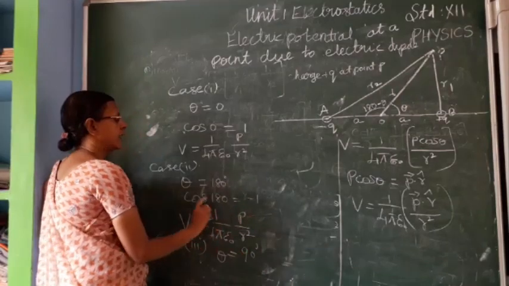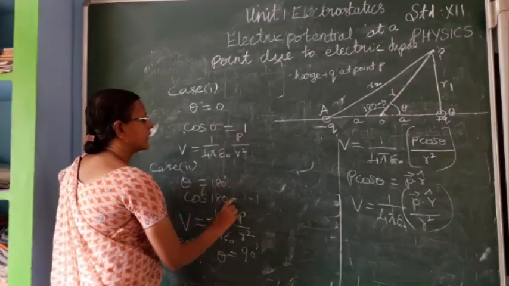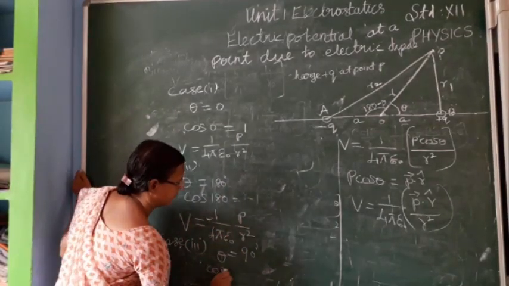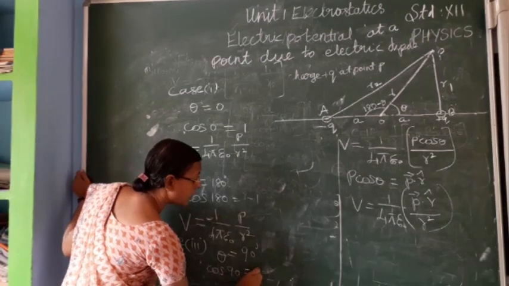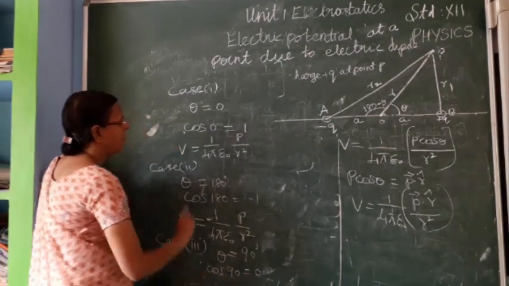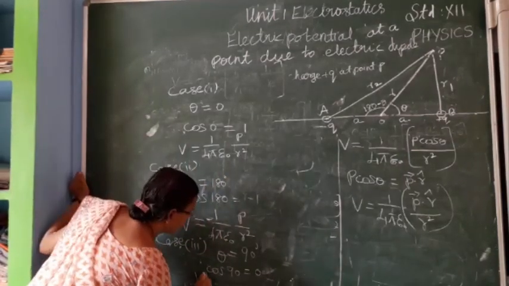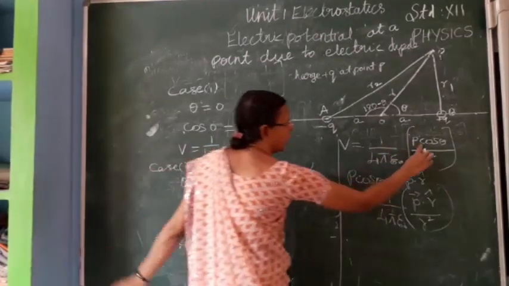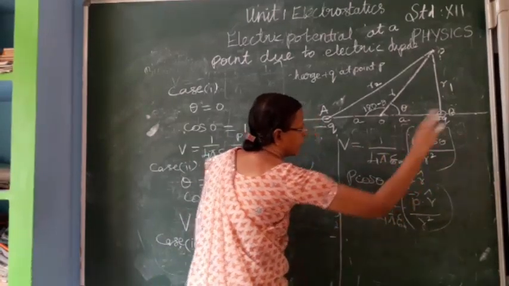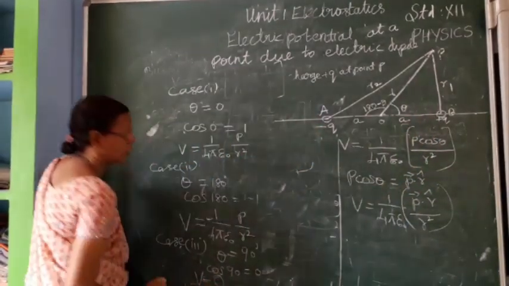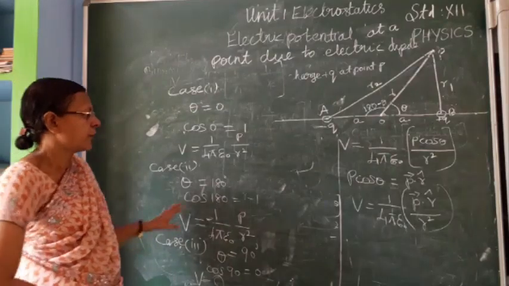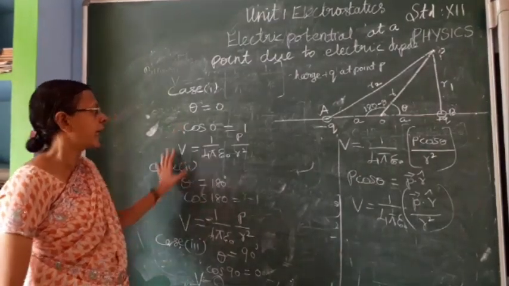If theta is 90 degrees, cos 90 is equal to 0. Then all the terms become 0, 0 by r square is 0, everything is 0. So V is equal to 0. The electric potential is 0. These are the 3 cases.